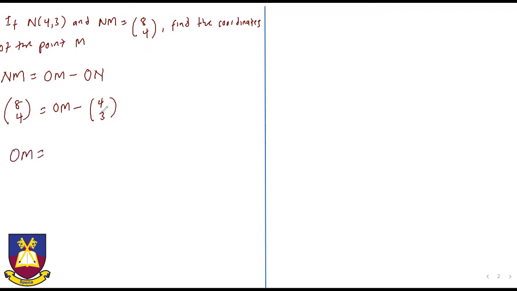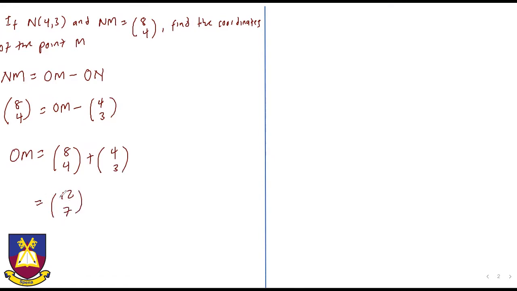and it means this goes this side. (8, 4) plus, here it's a minus, it crosses the equal sign and becomes a positive, (4, 3). This gives us 8 plus 4 is 12, and 4 plus 3 is 7.